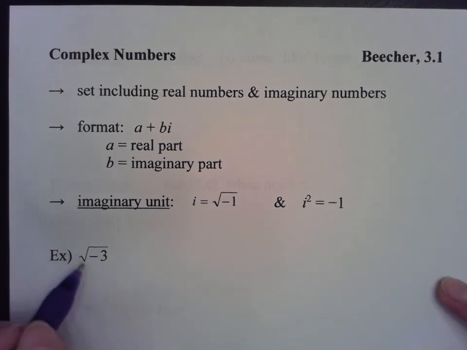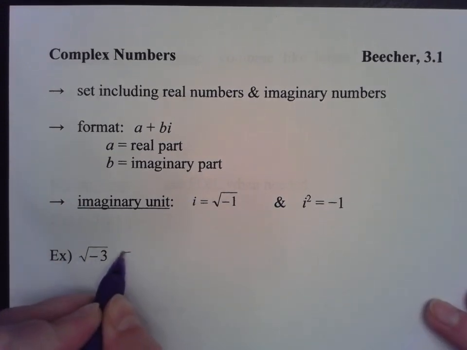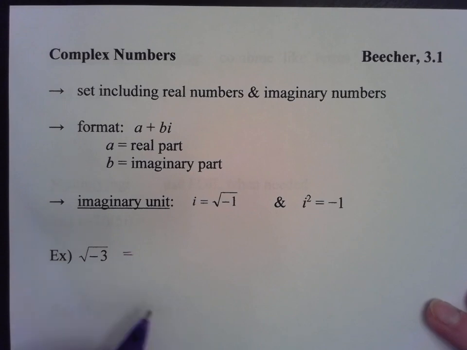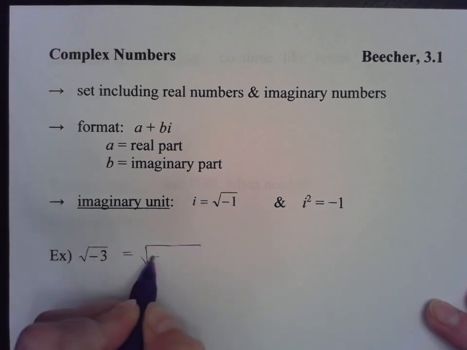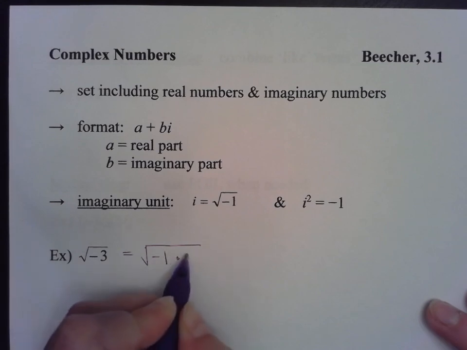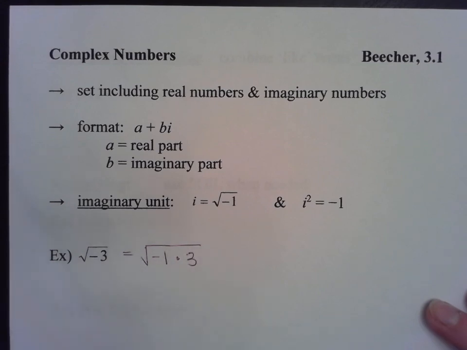Right? So let's look at the square root of -3. We could break up the -3 into two parts that are multiplied, -1 times 3. That way we're isolating the negative. And then for a square root or any radical, we're allowed to break up the square root over multiplication, so that we have the square root of -1 and the square root of 3.